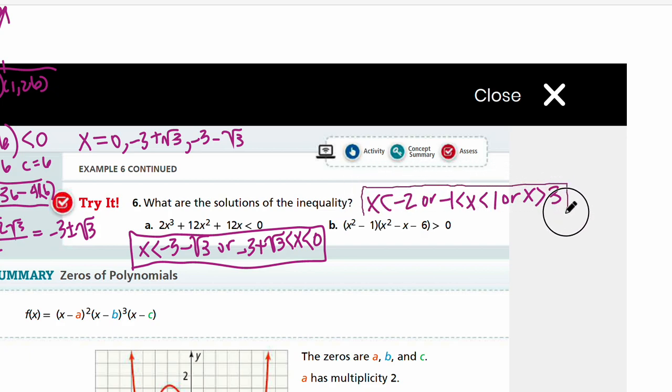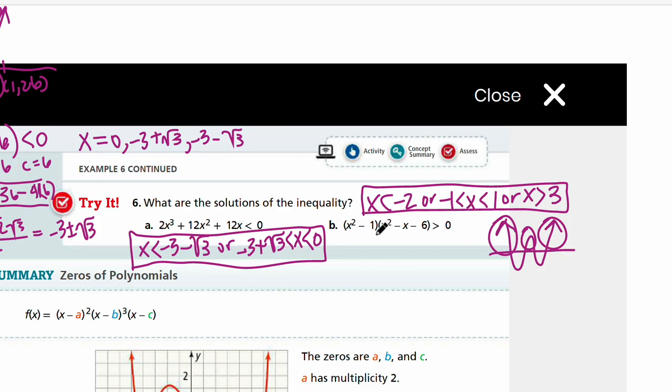So you have 3 different intervals that are positive in this situation. So you probably have a graph like that where we have this part and that part satisfying our inequality here.